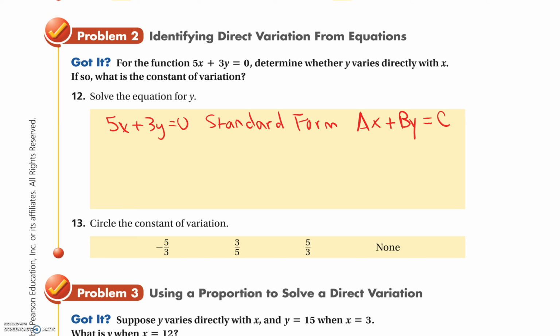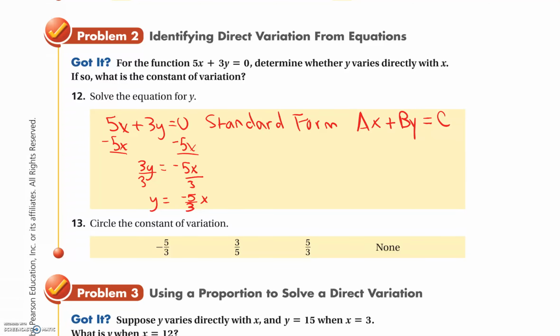Now, it tells us to solve the equation for y. If we ever get a problem like this, this is the step: we want to isolate y. So I'm going to move some parts here and get 3y equals negative 5x. Then I'm going to divide by 3 because that's what's being multiplied. Now I have negative 5/3, which is a ratio, times x, and there's no other value with it.